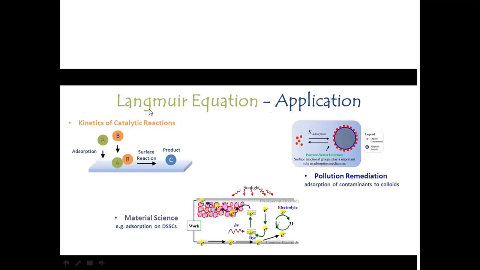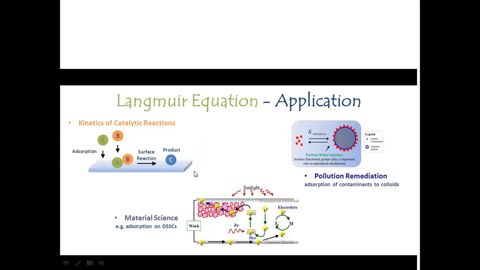So first just have a look. There are a lot of applications, and similar applications which we have already discussed in one of the earlier lectures. All applications you can apply over here, but here I am just refreshing your knowledge to apply in three of the applications, and one of them is the kinetics of the catalytic reactions.